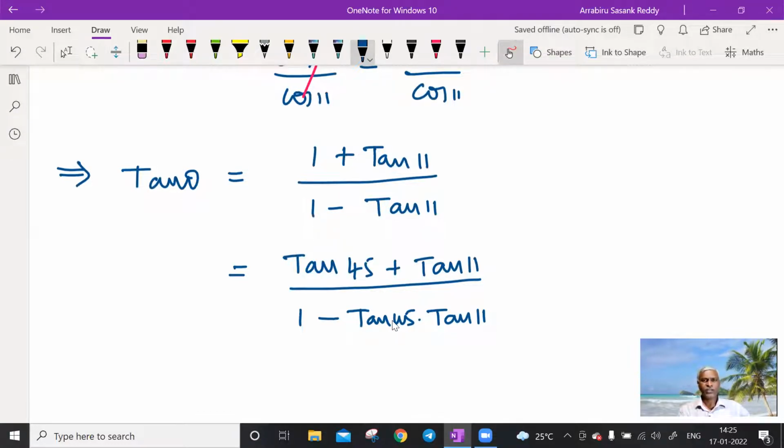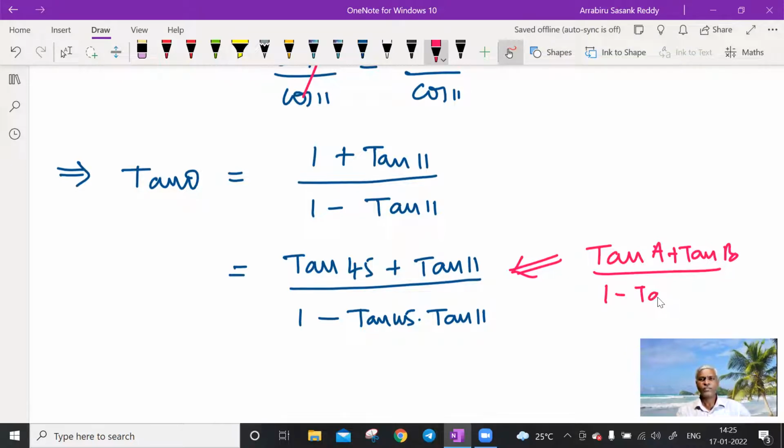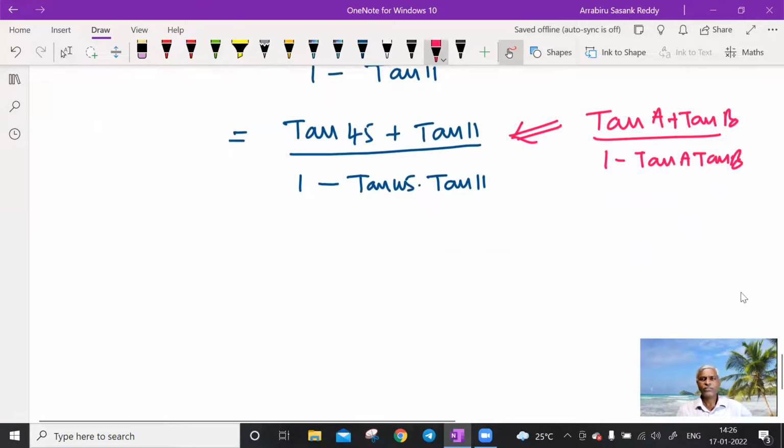This is in the form of tan A plus tan B by 1 minus tan A tan B, which is the tan A plus B formula.